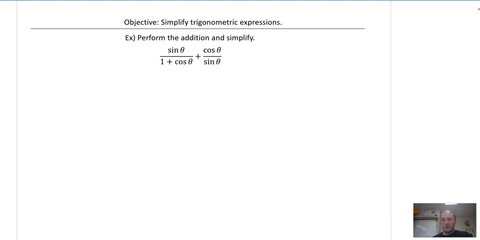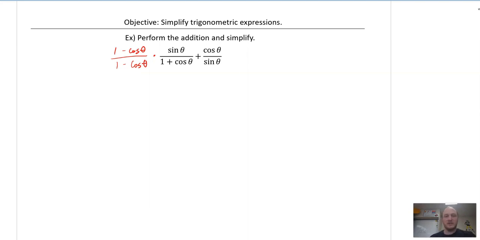So what we're going to do is perform some math magic. We're going to multiply this side by the conjugate. So I have 1 minus cosine theta over here, 1 minus cosine theta, right? So I'm multiplying that expression by 1, so I'm not changing it.